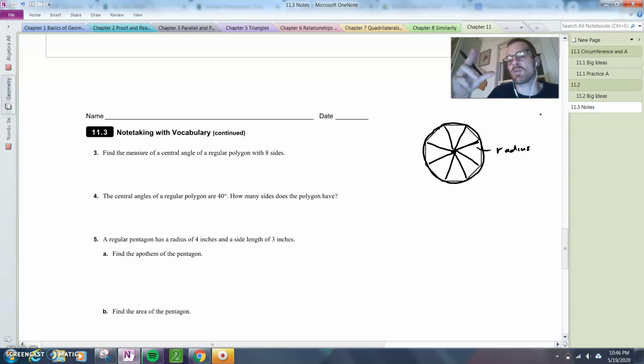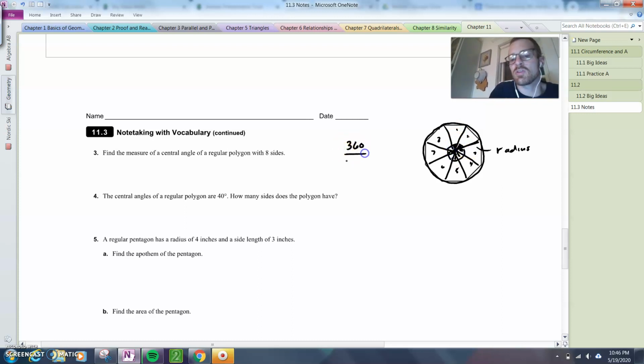And what we also talked about is this idea of all these congruent angles here, because they're all broken in the same thing. Well, in this case, if it's an 8-sided polygon, we know that we're breaking it into 8 triangles. See, I have 1, 2, 3, 4, 5, 6, 7, 8. So each one of these angles is the same, and they all add up to 360.